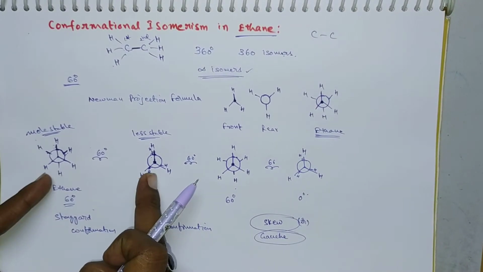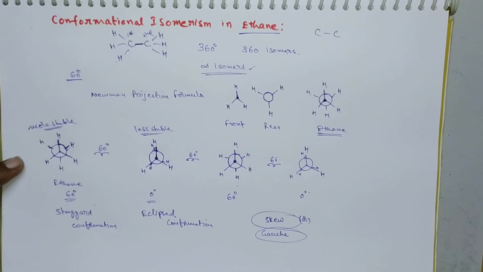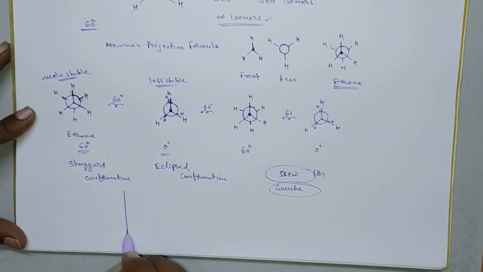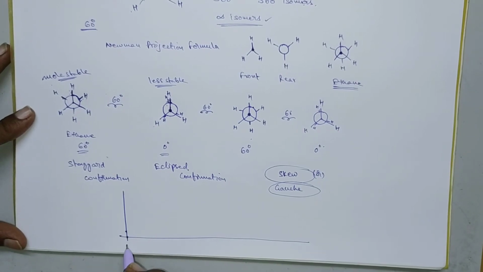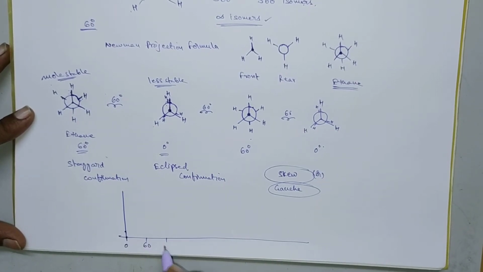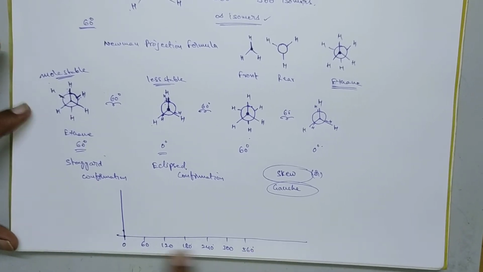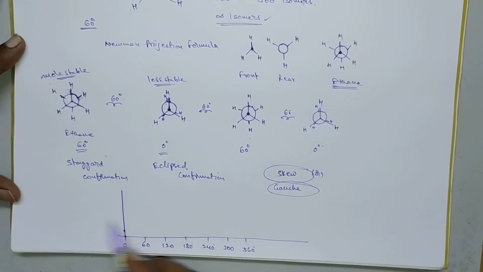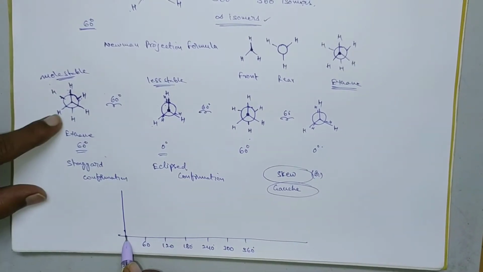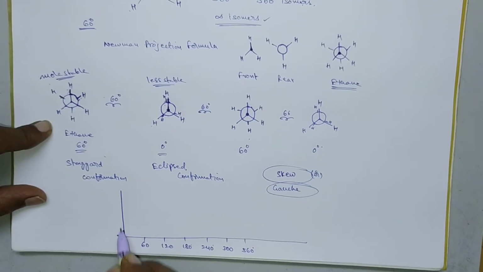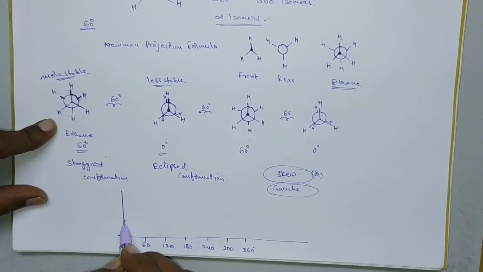So let us have a look at the energy diagram for all these conformations. We take an energy diagram for every 60 degrees of rotation, starting at 0 degrees. Here this is the staggered conformation, which will possess this much energy.